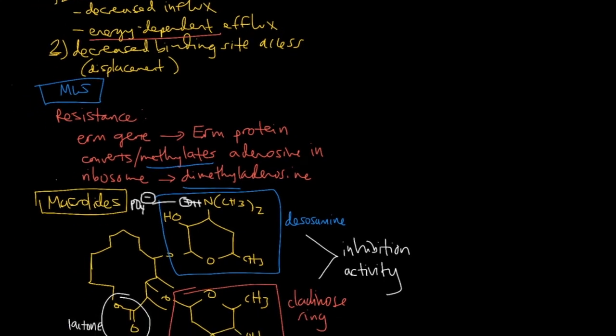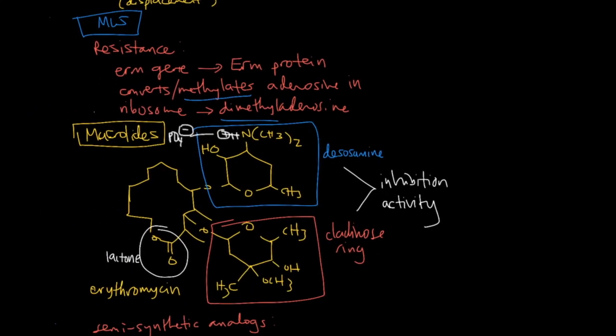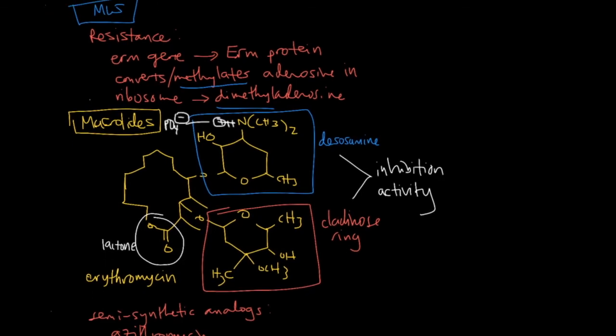They all act at the 23S rRNA of the 50S subunit of the ribosome at different parts of the exit tunnel. Bacteria have resistance to MLS drugs through the erm gene, which creates a protein that methylates adenosine to dimethyladenosine. And if you add methyl groups, you push the drugs out, they can't act anymore.